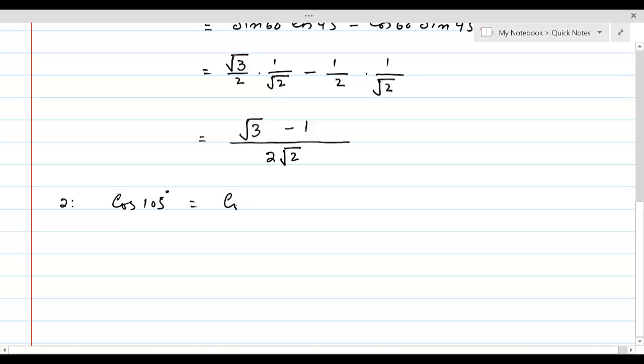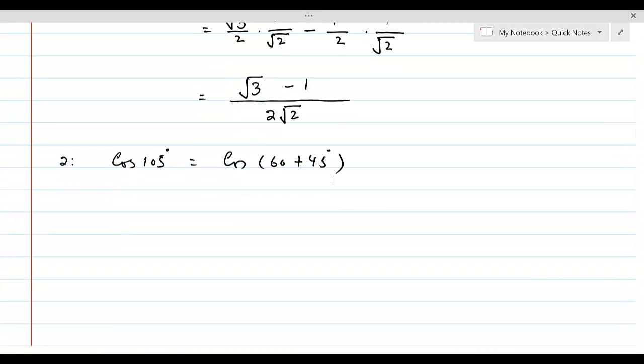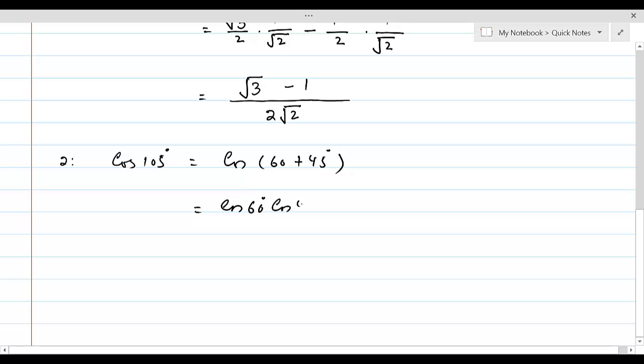So cos 105 can be written as cos of 60 plus 45. And again, now we can apply the formula for cos of alpha plus beta. That will give us cos 60 degrees cos 45 degrees minus sine 60 degrees into sine 45 degrees.